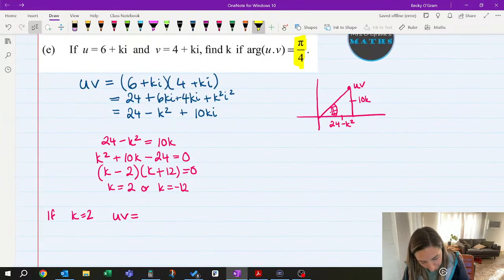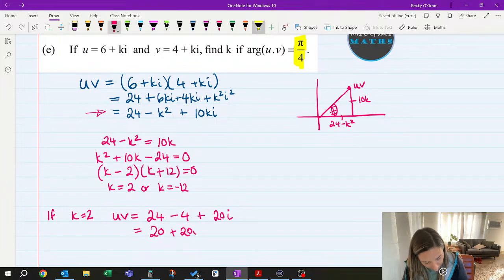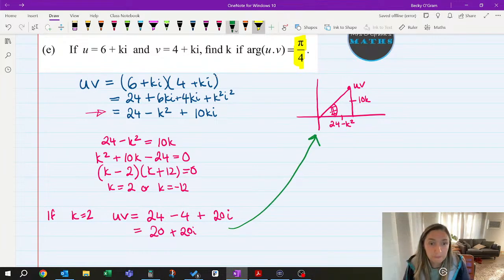Okay, so uv from this point just here, if we sub in what k is, that would be 24 minus 4 plus 10 times 2 is 20 times i, because k was 2. So that equals 20 plus 20i. Okay, so that's a reasonable solution to what we've got up here. That would work. We would have 20 on the x-axis and up by 20 in the i direction. So k equals 2 is fine.